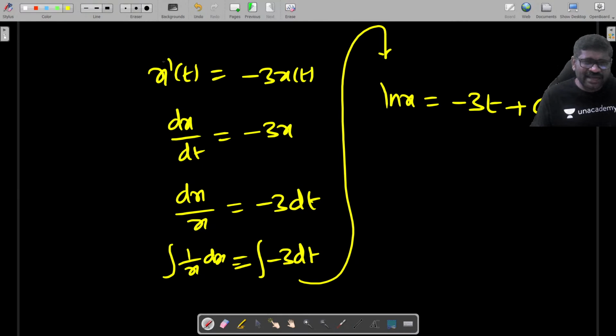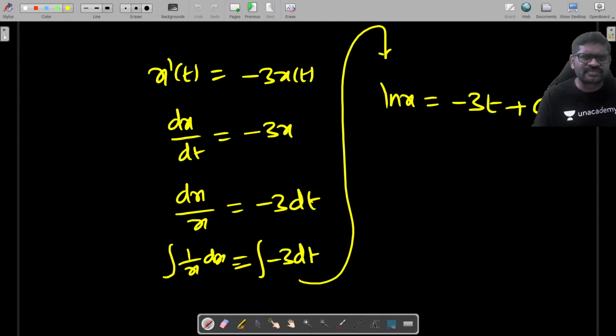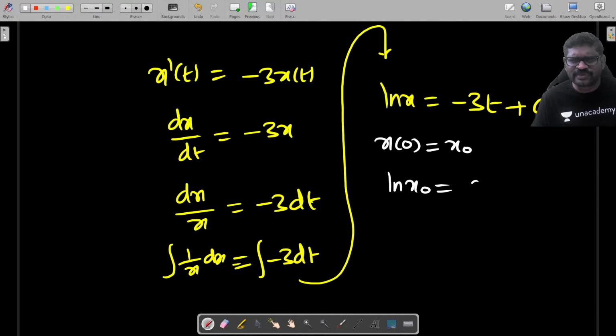Now given that the boundary condition is x of 0 equal to x naught, so log x naught equal to 0 plus c.